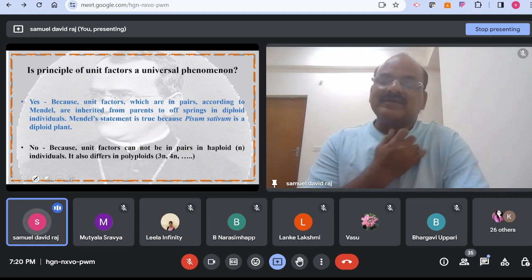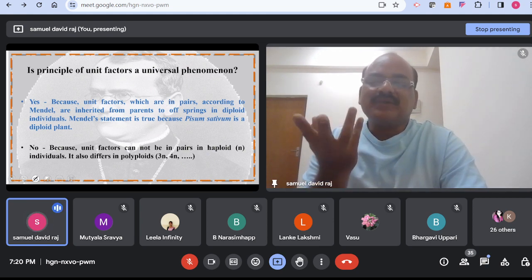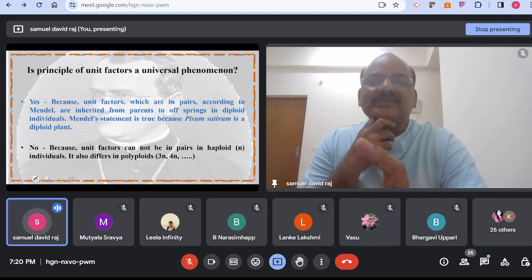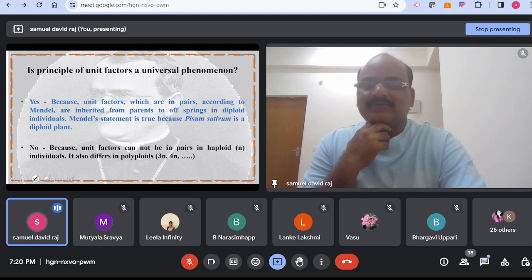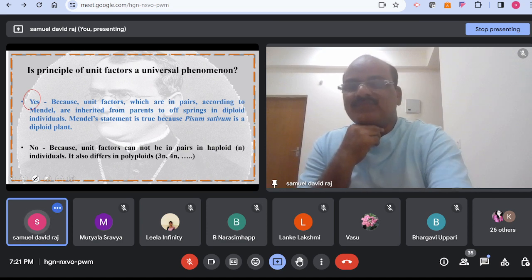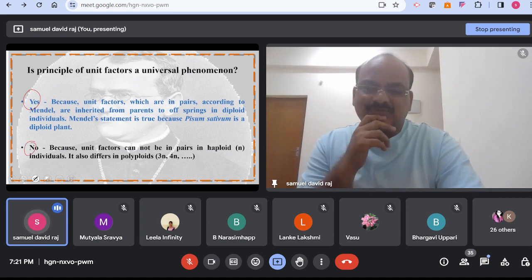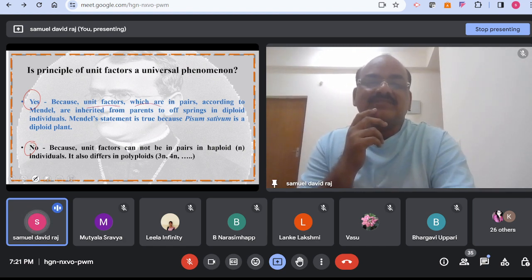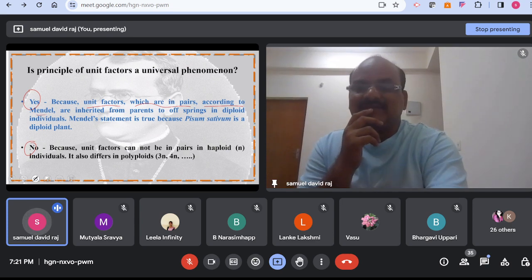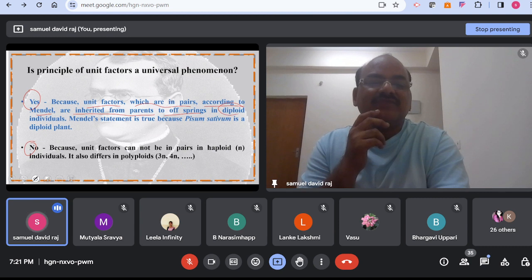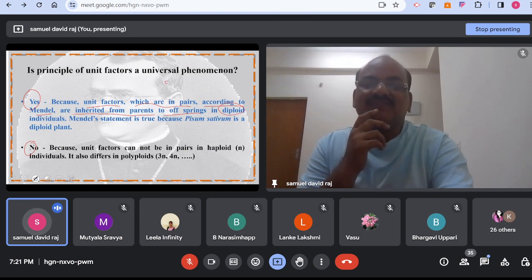Likewise, Mendel says that for every character there are a pair of unit factors. And we have to see whether it is a universal phenomenon or not. We can say yes, it is universal, or we can say no, it is not universal. Why? Because unit factors in pairs, according to Mendel, are inherited from parents to offspring in diploid individuals only. Pisum sativum, we know, is a diploid individual.